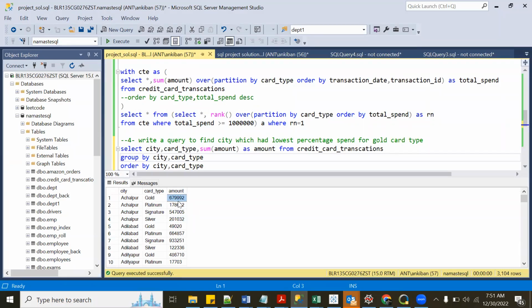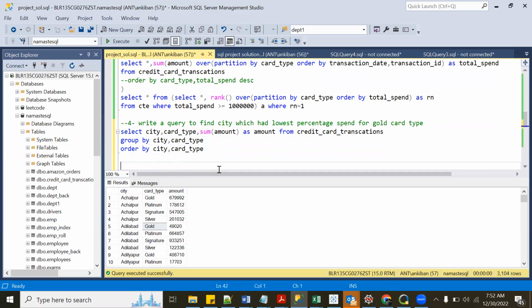Out of 15 lakh, around 6 lakh is on gold, which means around 40% of the transactions this city has done are on gold, right? Similarly, for the second city, I will find out of total spend how much percent is on gold, and then we have to find which city has the lowest percentage spend on gold card type. I hope the question is clear.